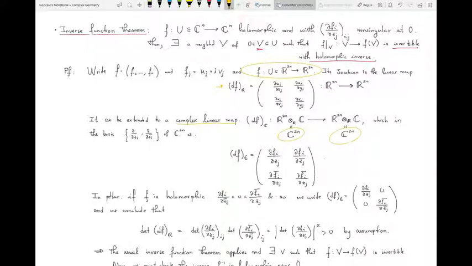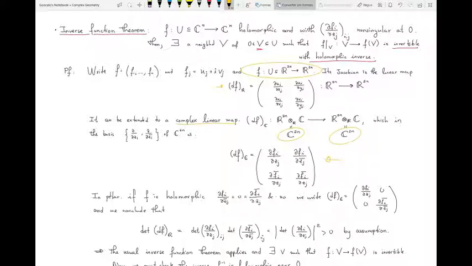Of course, at arrival, it's going to be some other coordinates, not the z's, but some w's or something, the ones to which we are mapping, corresponding to the f_i's. So in those coordinates, the complex Jacobian looks like this that I've written here.